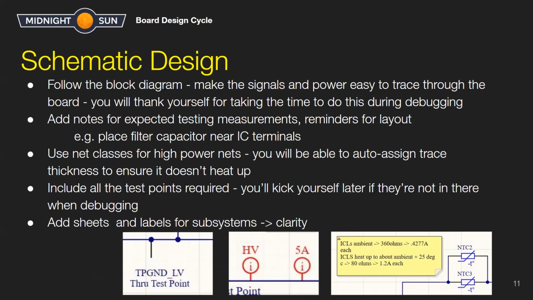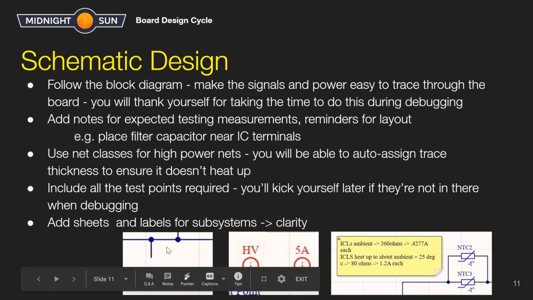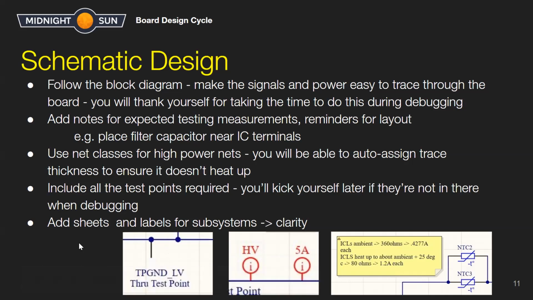Test points are amazing. Always include them. Be sure to include ground test points as well, because whenever you're measuring a voltage, you always need a reference. That's what the ground test points are for. Labeling test points for what they're for also helps you when you're debugging, so you don't have to go through your schematic to check which one was test point 3 again.